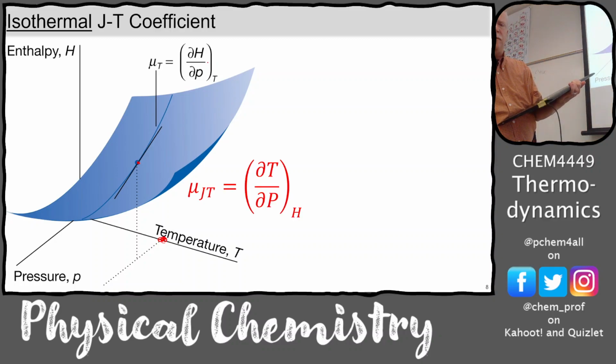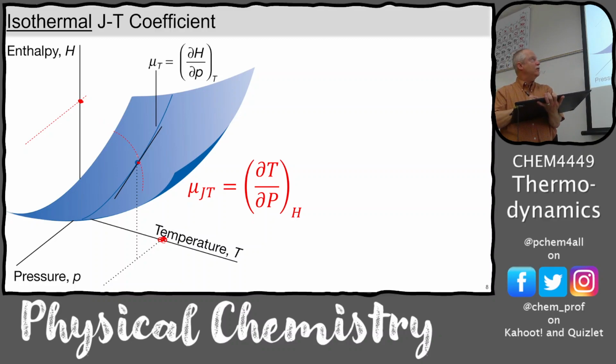Now the other one, the change in temperature with respect to pressure at constant enthalpy, we can also show on the same diagram. So constant enthalpy would be a particular number on the enthalpy scale. Well, that's kind of hard to draw, but I'll try. So we come across and then we draw that line.